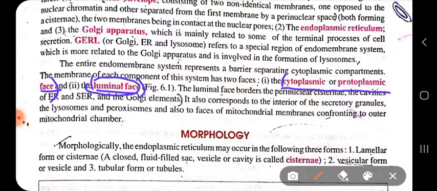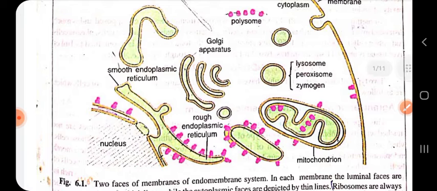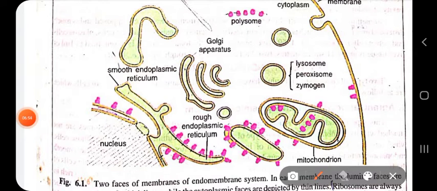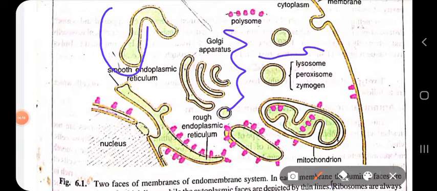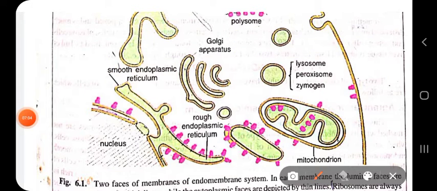If you see the figure here, you can see the luminal phase and the cytoplasmic phase. This is the cell and these are the cytoplasmic parts. These are the endoplasmic reticulum. I'm sure you know about the rough and the smooth endoplasmic reticulum.